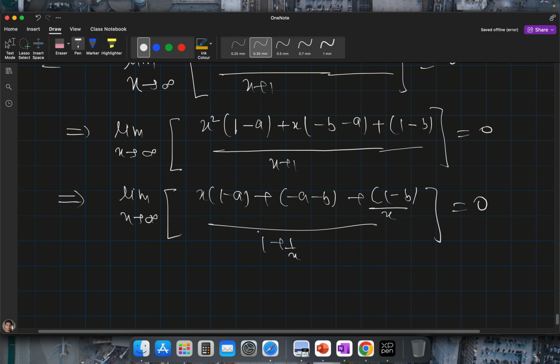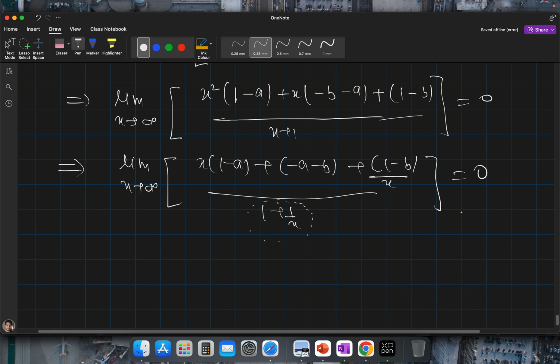Now you can see that I can get a finite value. When x approaches infinity, the denominator will not be equal to 0, which means this term will become 0 but 1 will remain, so I will get a finite value, but that finite value will be equal to 0.